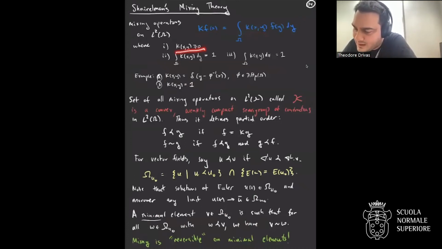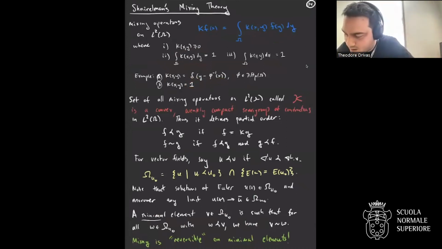So they're non-negative, they integrate to 1 in both directions. And K applied to F is just this integral operation. Examples of these bistochastic operators are composition with volume-preserving diffeomorphism, that's this delta function, or the pure mixing operator where you just set K equal to 1, that gives you the average.